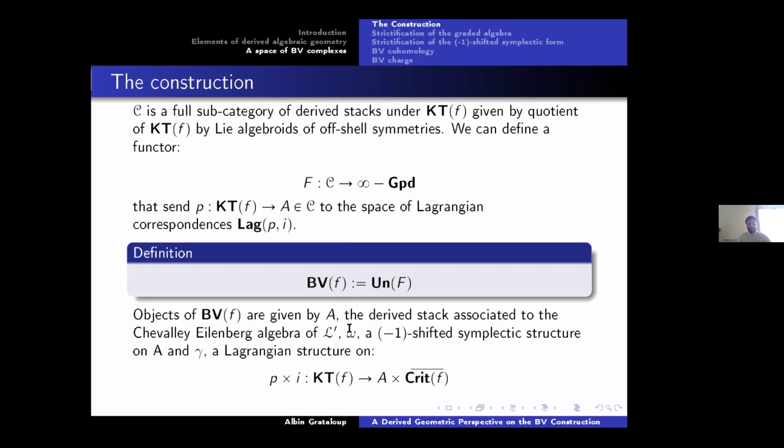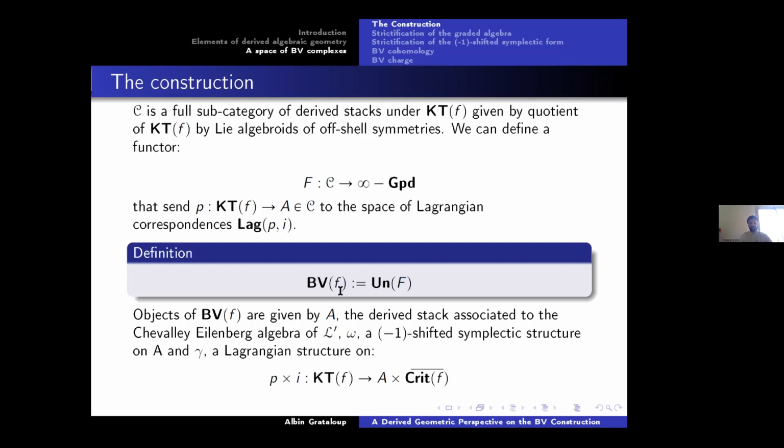It's also going to be the data of some minus one shifted symplectic structure and a Lagrangian correspondence between A and the derived critical locus. So basically, I'm just saying that the objects are exactly the objects that I wanted from the beginning. This construction gives it, but it also gives how to understand morphisms between them and all the homotopies and homotopies for free.